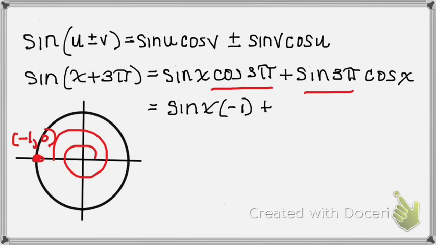And using those xy coordinates, what's sine on a unit circle? It's the y coordinate. So the sine of 3 pi is 0. And that'll zero out this whole term, right? 0 times cosine x. So we just drop that. And that's it. I've used the sum formula for sine to simplify the sine of x plus 3 pi to negative sine x.